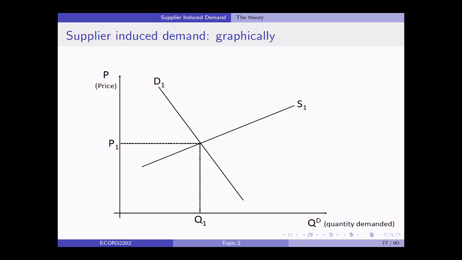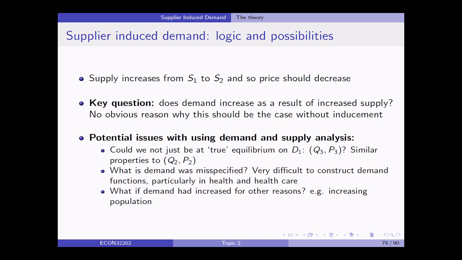So if we just think of supplier-induced demand graphically, we have a simple demand and supply diagram, downward sloping demand curve, upward sloping supply curve. And then supplier-induced demand posits that if there's an exogenous increase in supply from S1 to S2, what happens to demand? So in basic economic theory, a shift in supply should not affect demand.